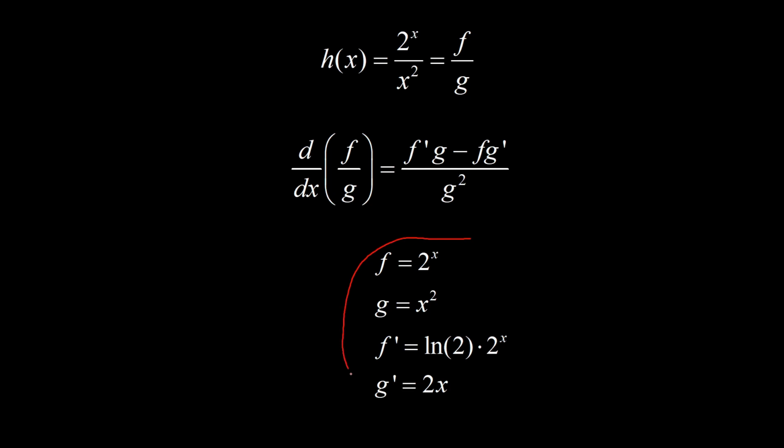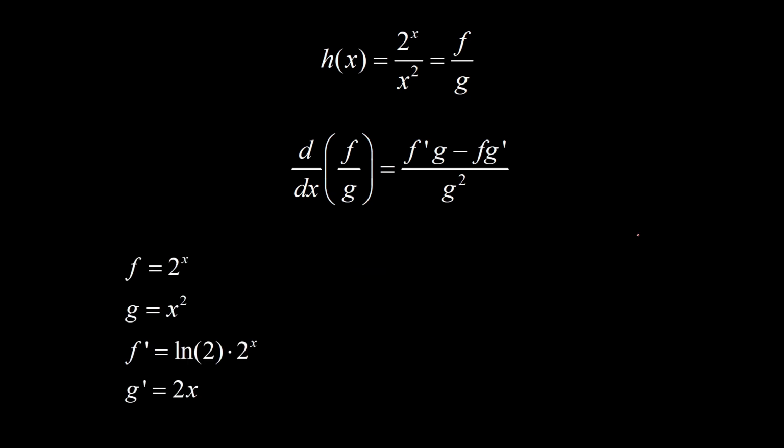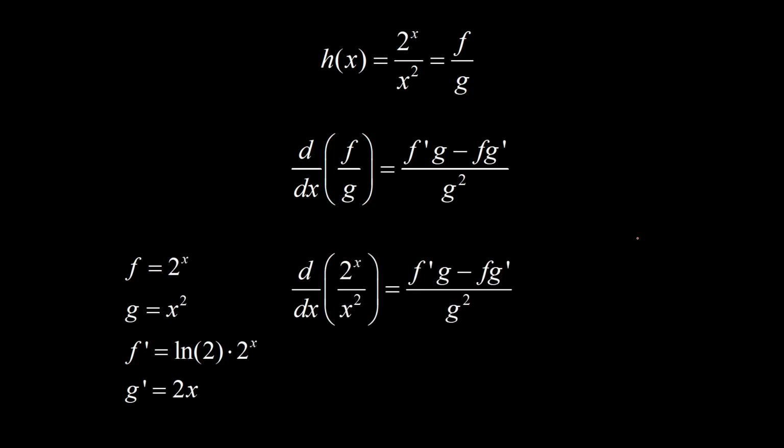Now that we have all four pieces, we can plug it into the quotient rule. So here it is, our quotient rule, and I'm just going to start plugging stuff in.